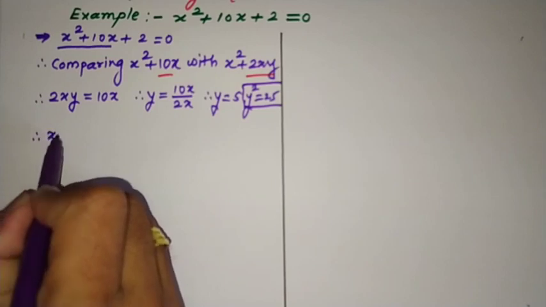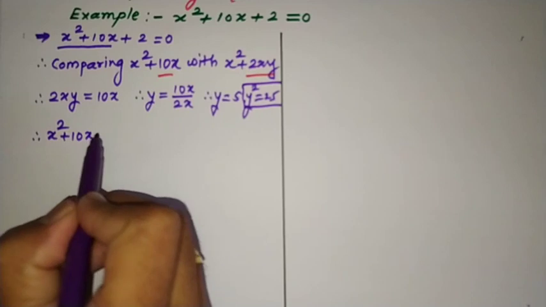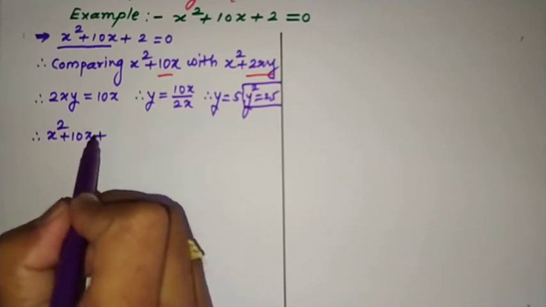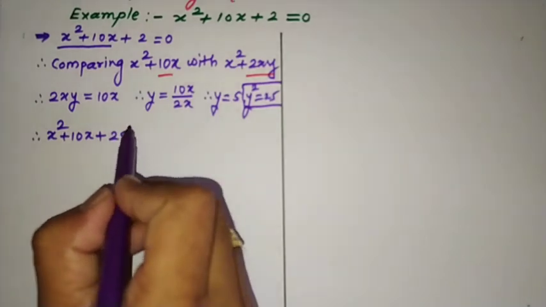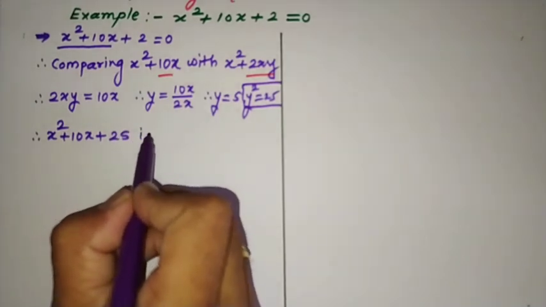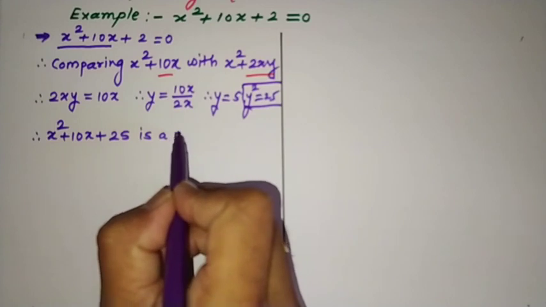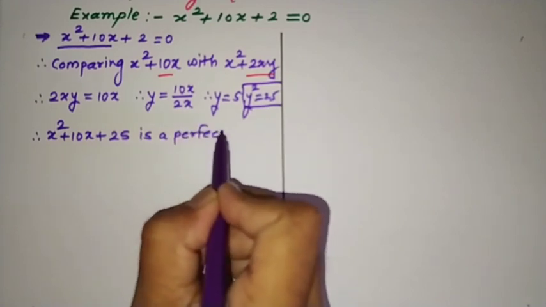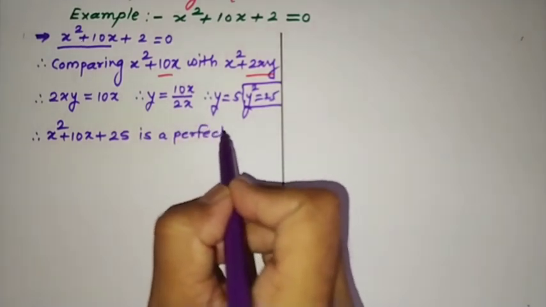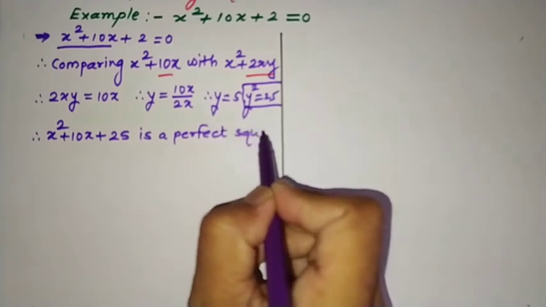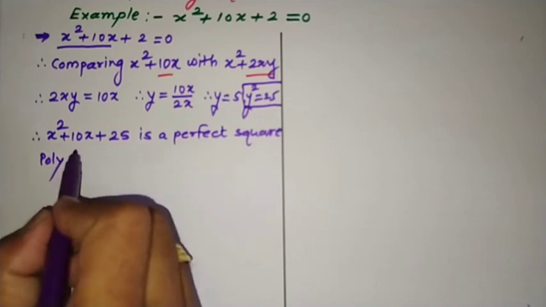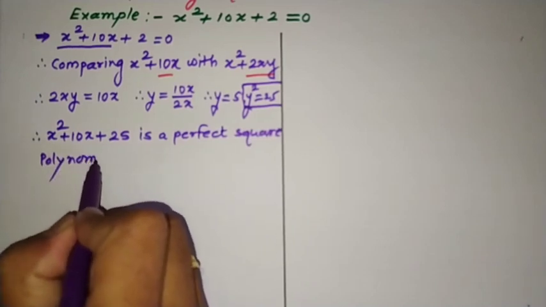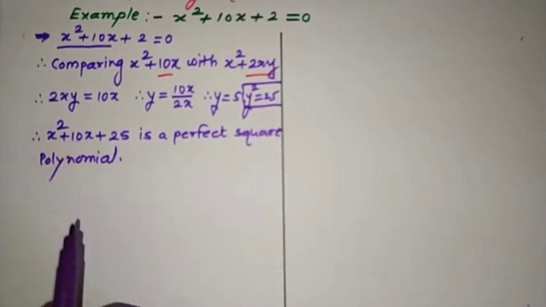Therefore, x square plus 10x plus 25 is a perfect square polynomial.